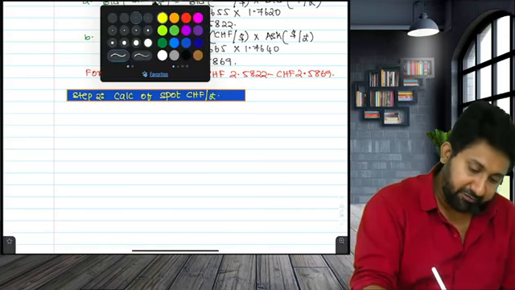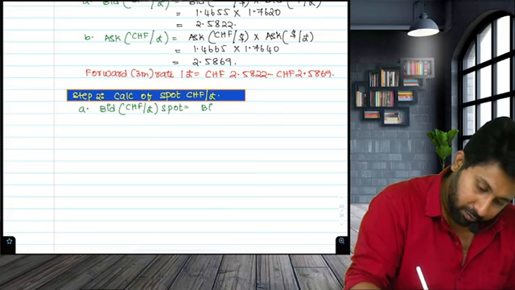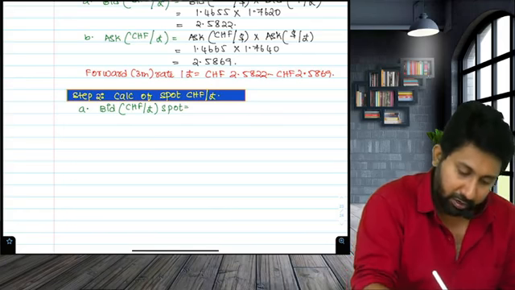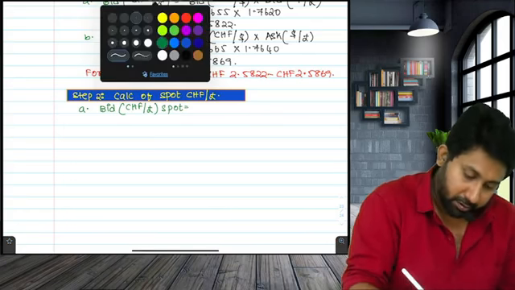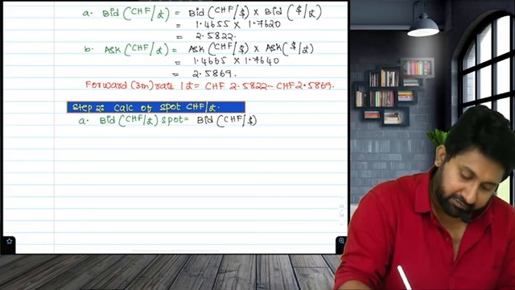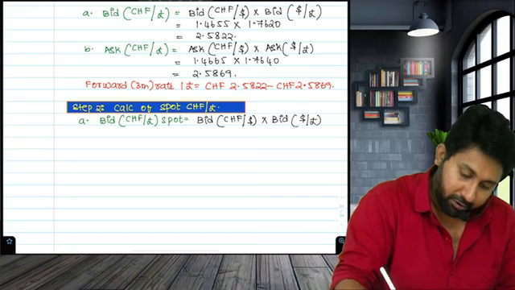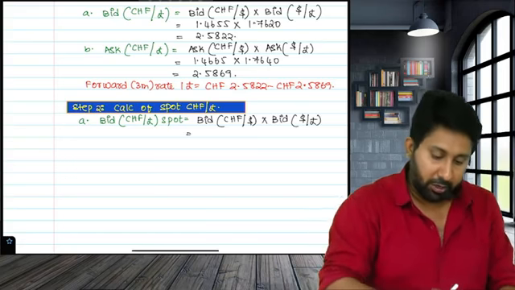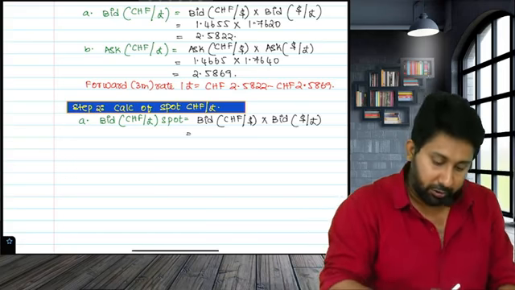Bid of CHF by pound spot equals what is the formula? Write down your formula, they will give marks for valuation in the exam. Bid of CHF by dollar into bid of dollar by pound equals spot. What is the rate given in the spot?